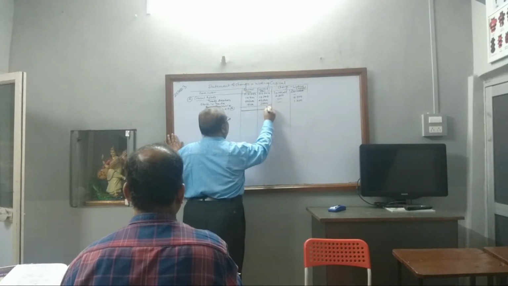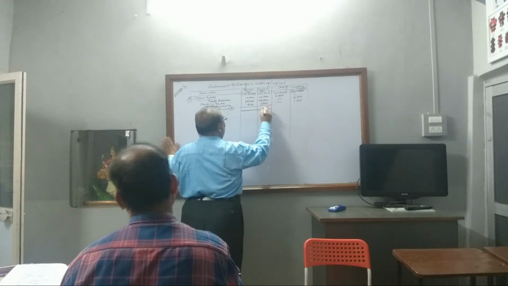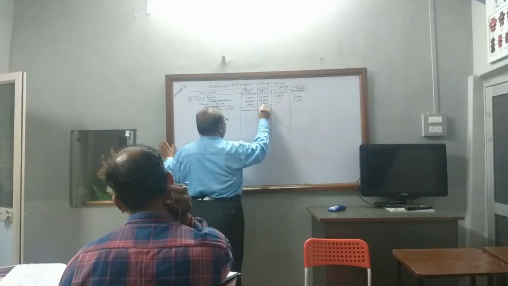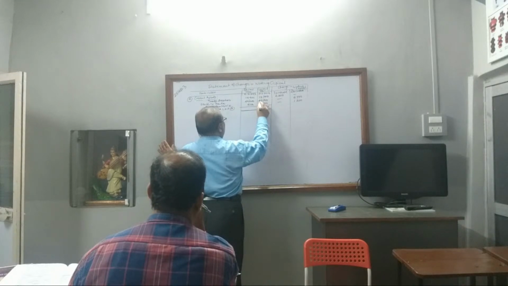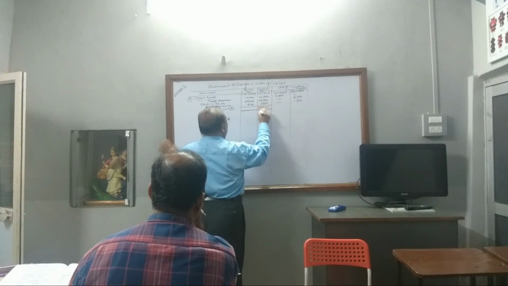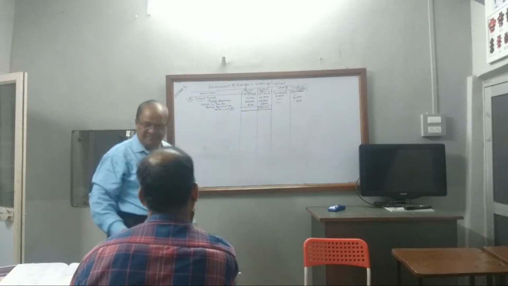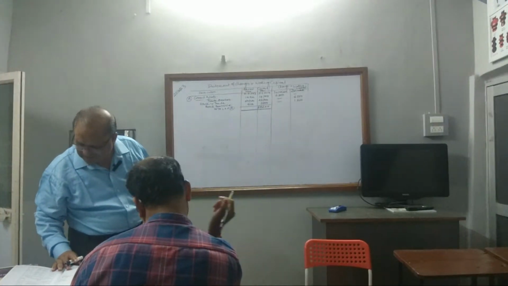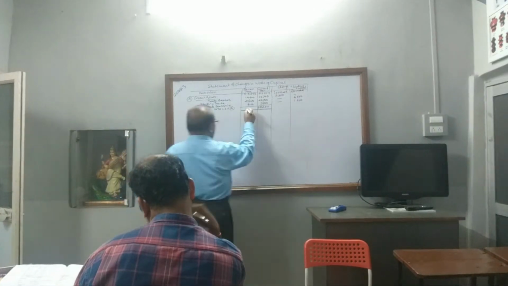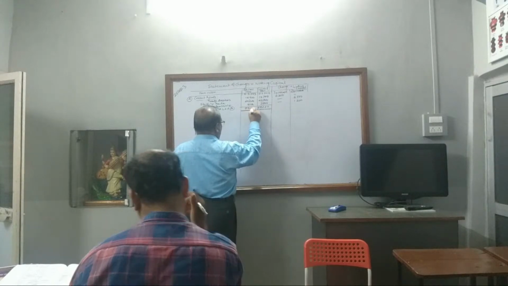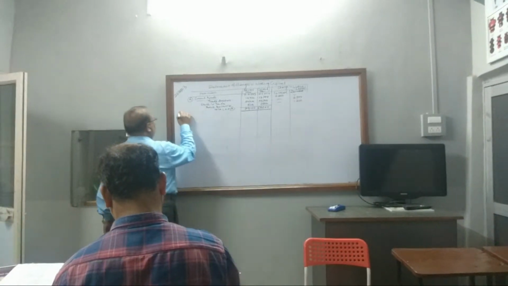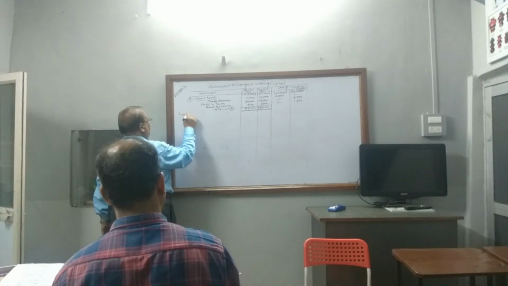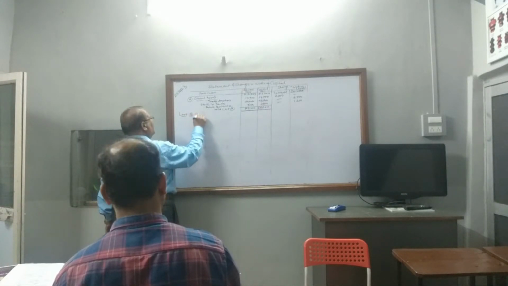It comes to 68,200 and 73,100 is the first. Got it? Now, less B, current liabilities.